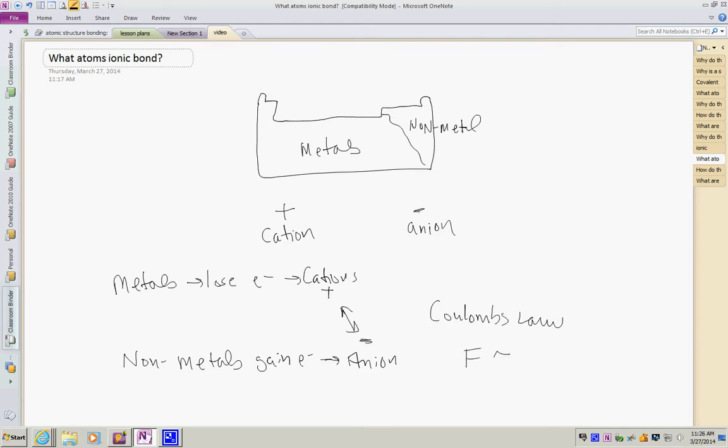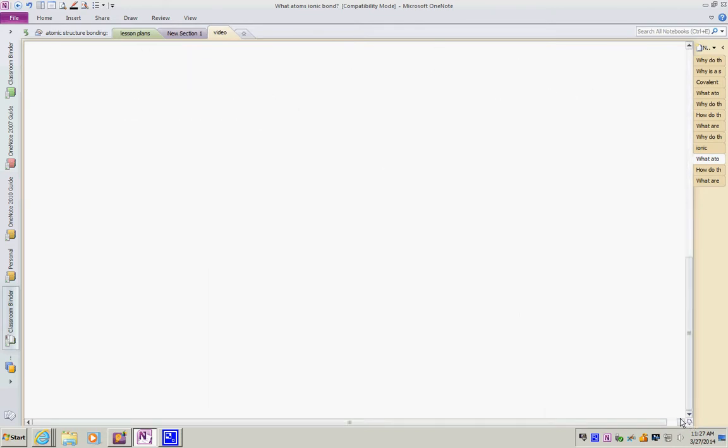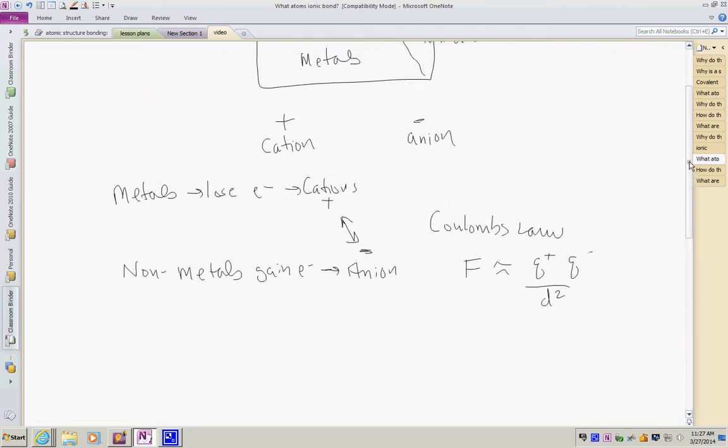Force of attraction is proportional to the charge of the cation times the charge of the anion, divided by the distance between them. Without digging too deep, can you recognize ionic compounds when you see them? That is going to be a bond, generally speaking, between a metal and a nonmetal.